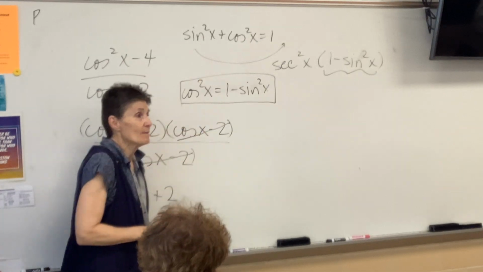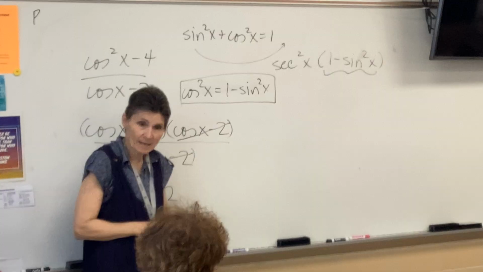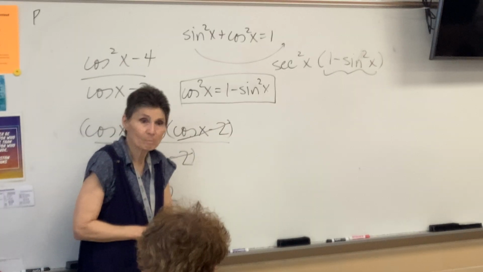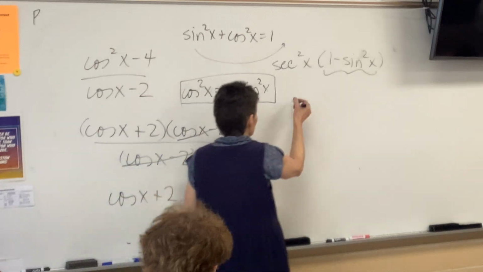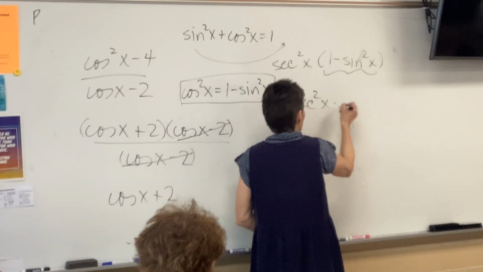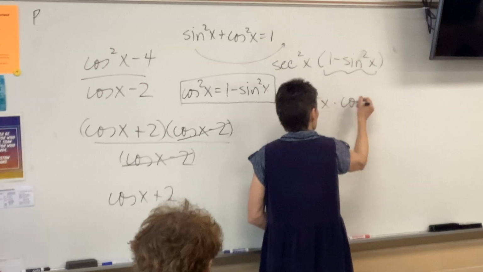And what does that mean? That means every time you see a 1 minus sine squared, you can replace it with cosine squared. So here's my secant squared, and I'm going to replace that with cosine squared.